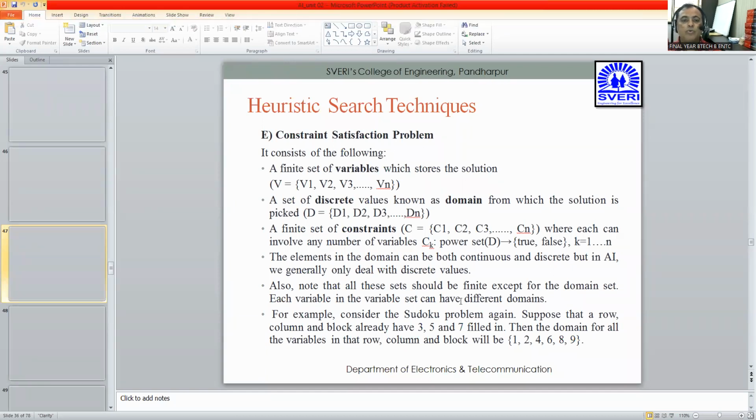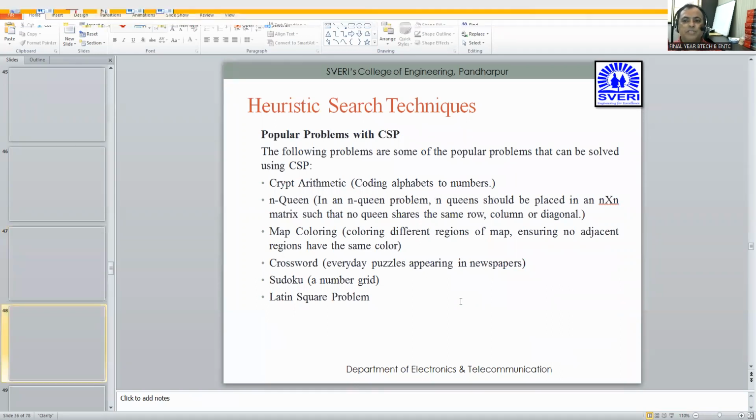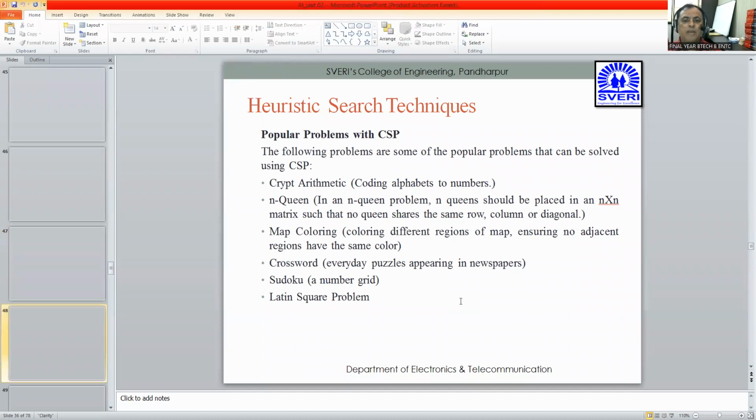This is how the Sudoku problem can be solved using a constraint satisfaction problem. Some of the other popular problems with CSP are cryptarithmetic, N-Queens, map coloring, crossword, Sudoku, and the Latin square problem.